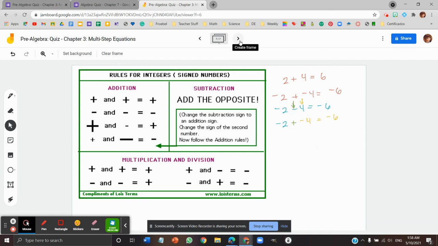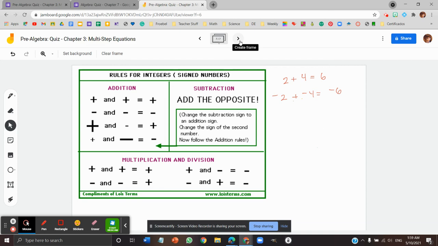And then you can follow the rules of addition. A negative plus a negative is going to give you a negative. Keep practicing that one, right? So we can continue with the rules of integers while adding.